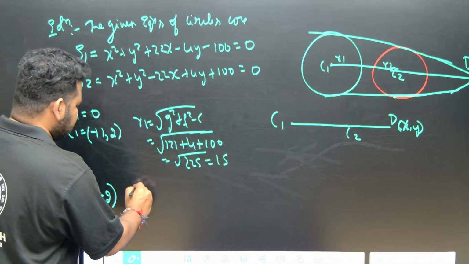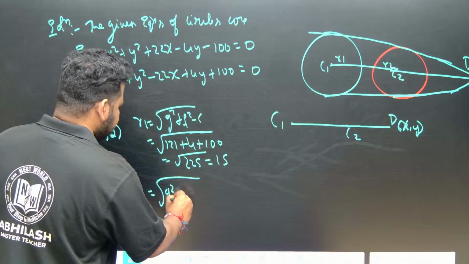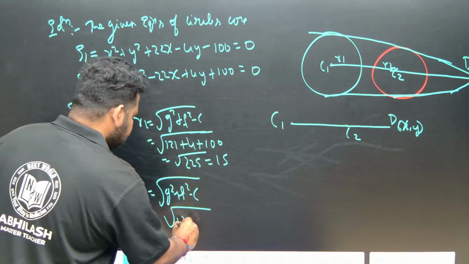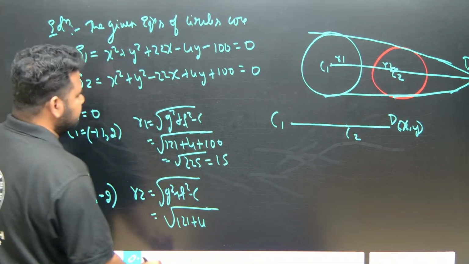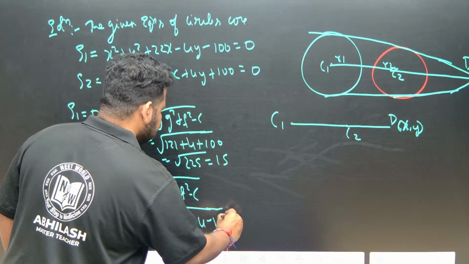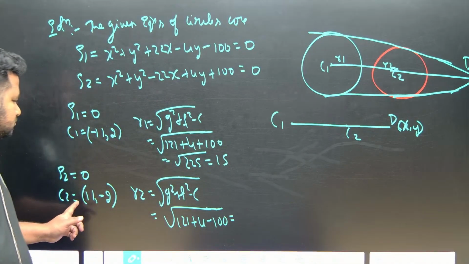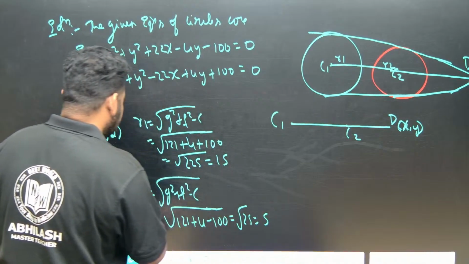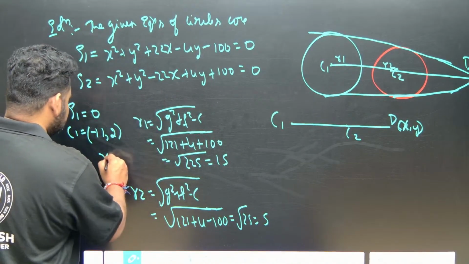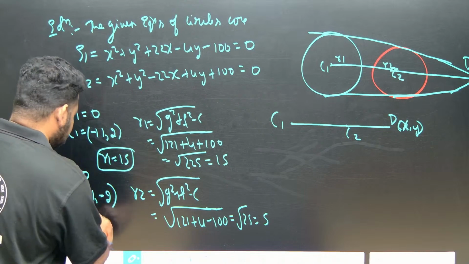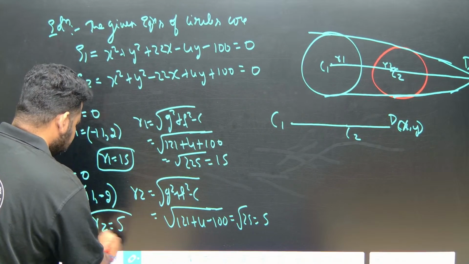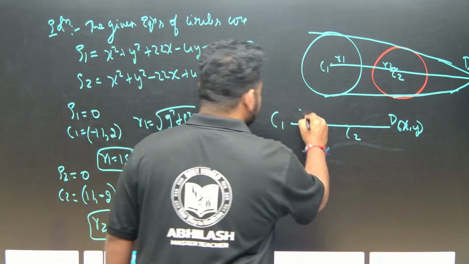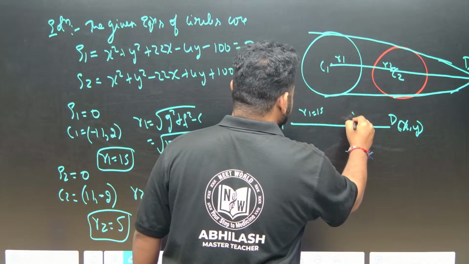Similarly r2 is the square root of g square plus f square minus c: 121 plus 4 minus c, where c is minus 100. So that is the square root of 25, which is 5. So r1 is 15 and r2 is 5.